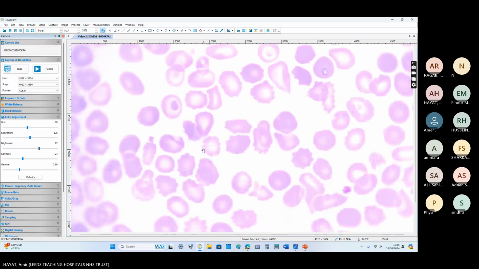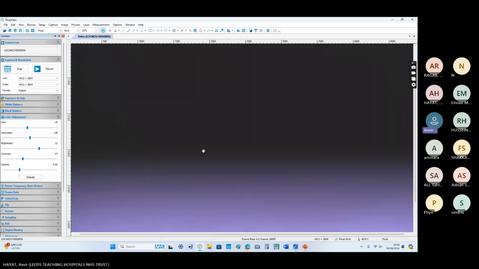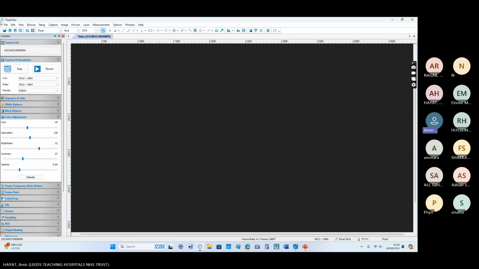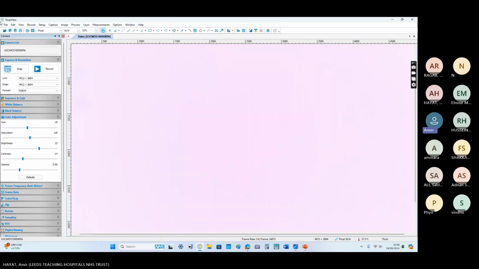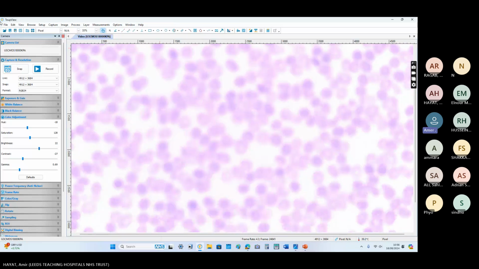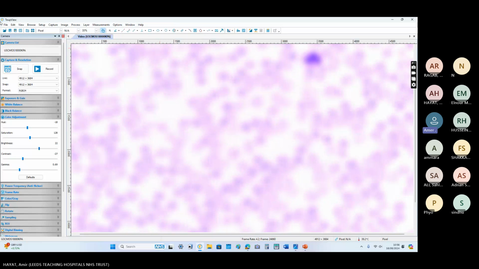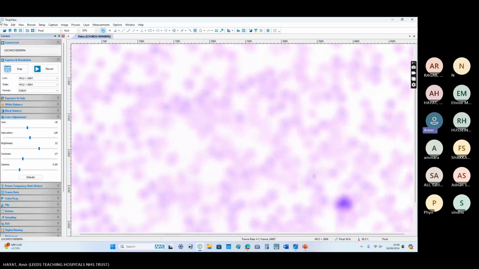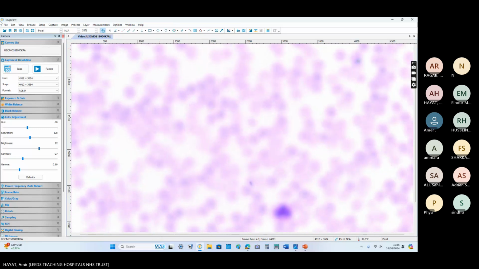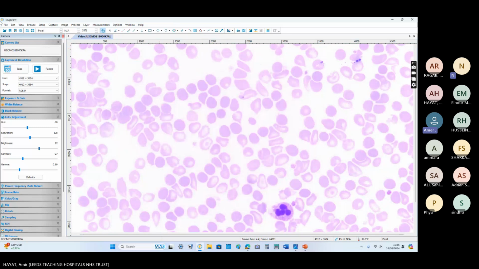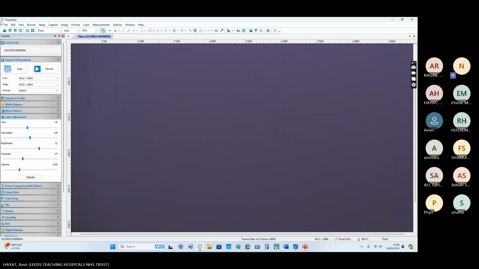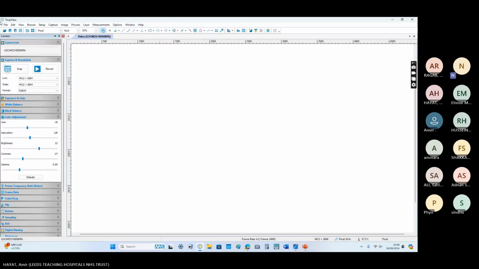Just like the other blood films where you commented on the red cells, white cells, and platelets, and then you suggested further investigations, in this case what would be our most consistent suggestion?